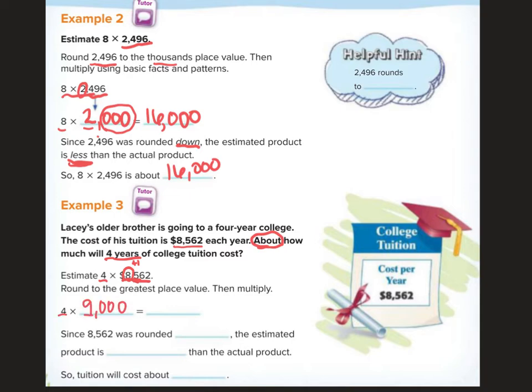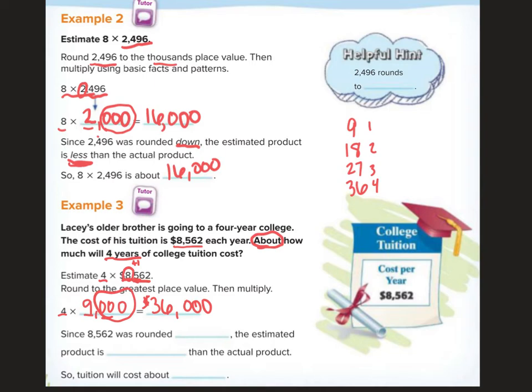4 times 9 is 9, 18. 18 plus 9 is 27. 27 plus 9 is 36. Right, I need 4. Yeah, 1, 2, 3, 4. So it's 36. 4 times 9, and I have 3 zeros. $36,000.